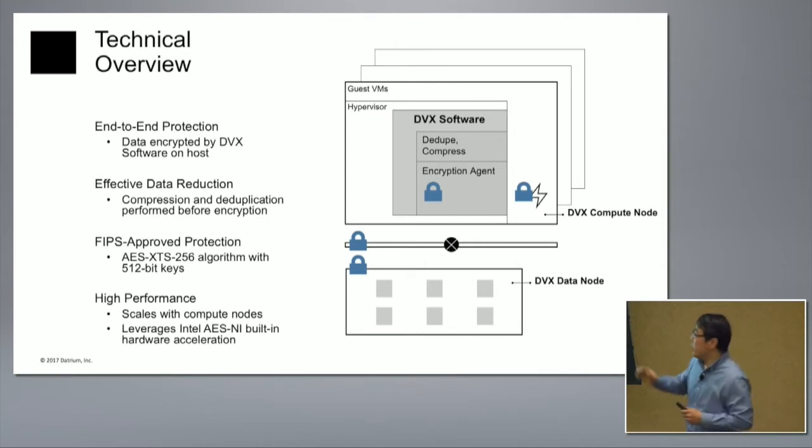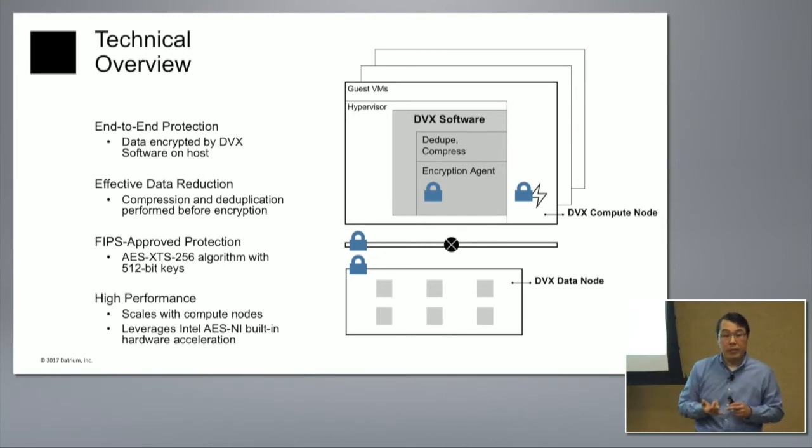What that means is the moment data is received by the DVX software, we encrypt it. And from then on, it doesn't matter where it goes within the DVX system. It can go to the local SSD drive or the NVMe drive. It can also go across the network to the disk drives on the data node. Doesn't matter, all the data transfer is from then on encrypted.